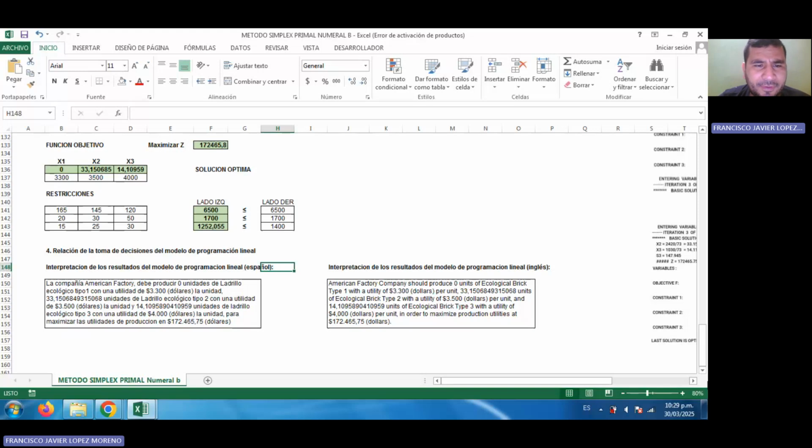Also, it should produce 33.16 units of ecological brick type 2 with a utility of $3,500 per unit, and 14.11 units of ecological brick type 3 with a utility of $4,000 per unit, to maximize production utilities at $172,465.75. Thank you.